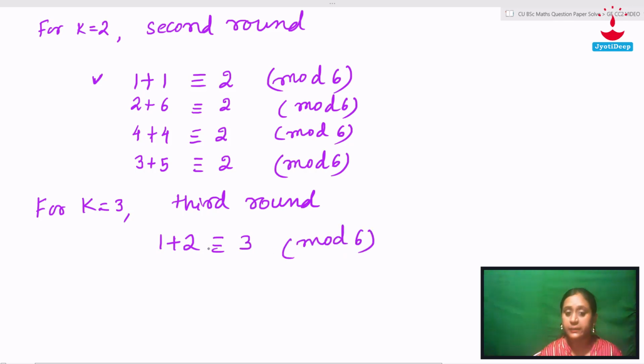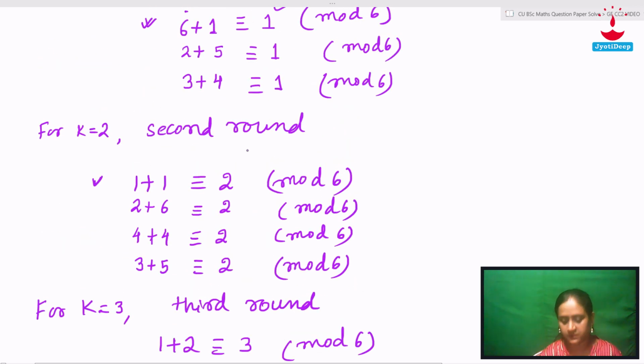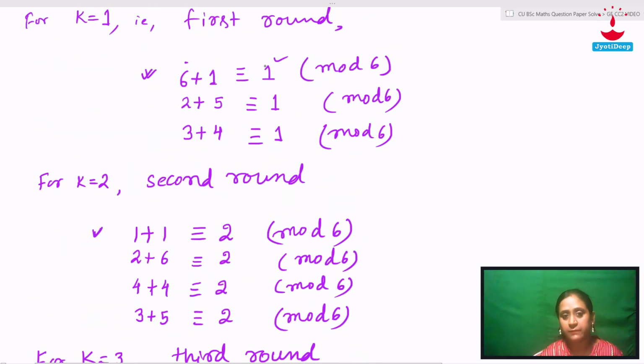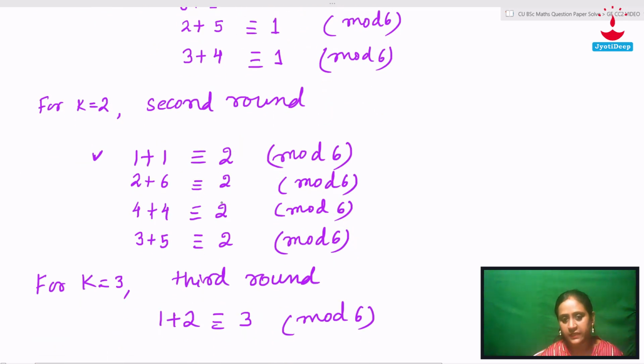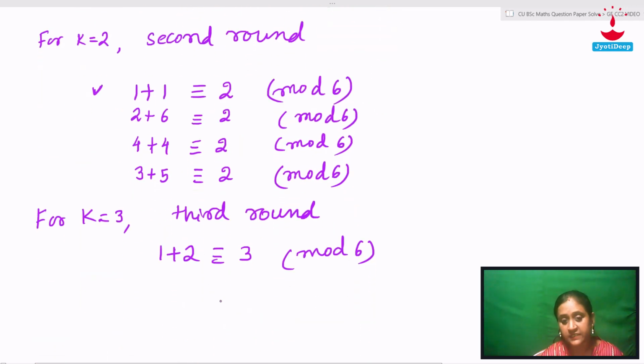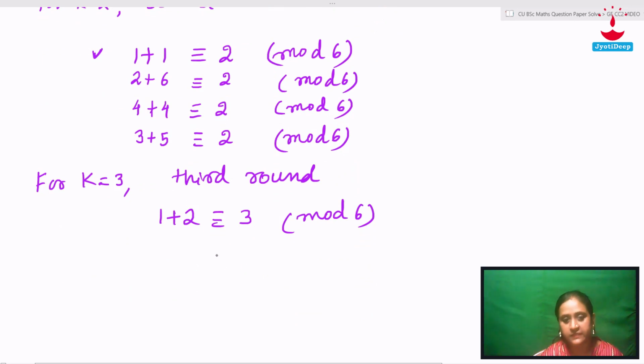Okay, remember, for the first round we have taken 1, for the second round we have taken 2, for the third round we will take 3 under mod 6.